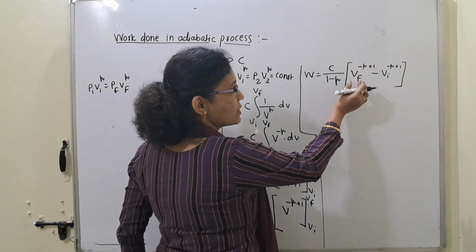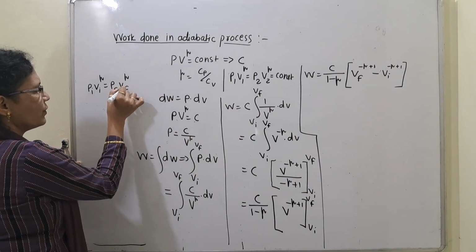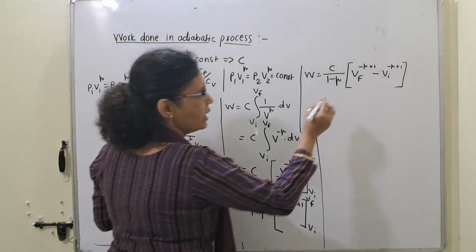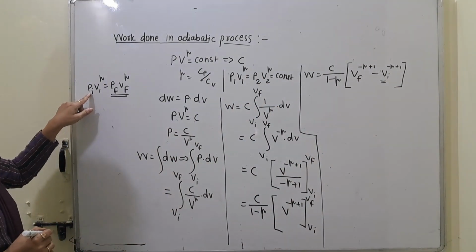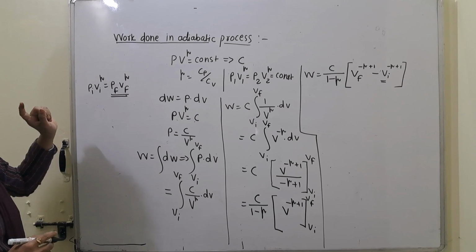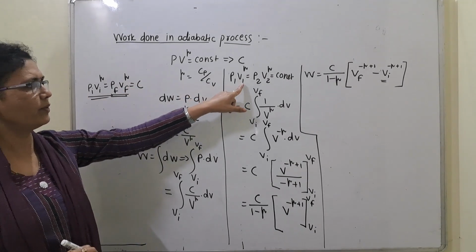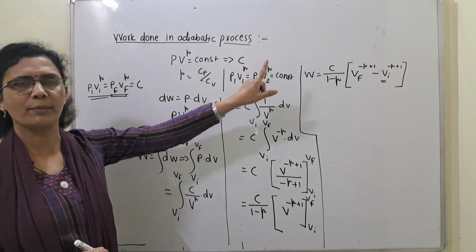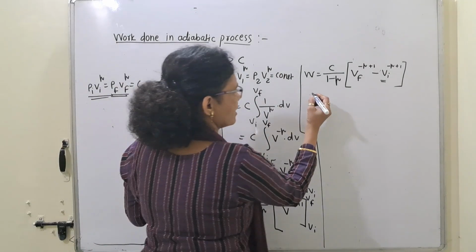Where the value is V final, you have to take Pf Vf raised to gamma, and when there is a V initial, then you have to take P initial V initial raised to gamma, because all this is equal to constant C. P1 V1 raised to gamma, P2 V2 raised to gamma is equal to constant. See, so I will take this C like this.